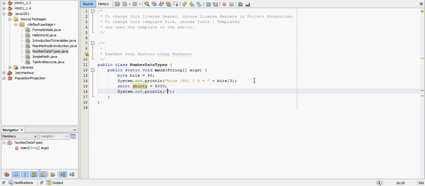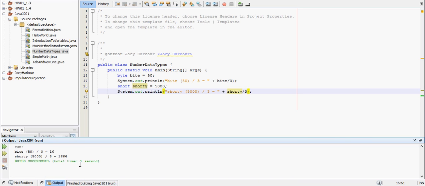We'll go shorty, which is 5,000 divided by 3, because we know that it cannot be divided evenly. Equals, oops, I accidentally hit caps lock, shorty over 3. Oh, and I need a plus there, so it knows that it's putting this at the end of that string. And notice that shorty doesn't have a decimal.